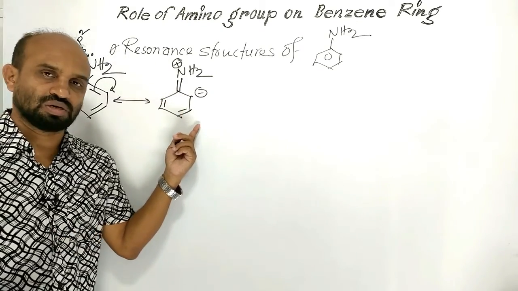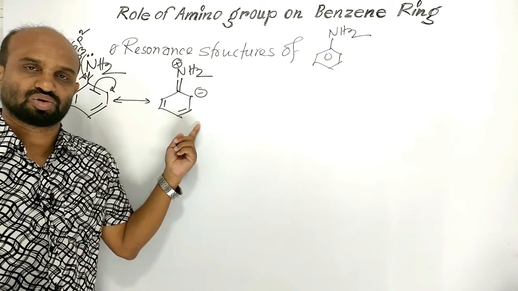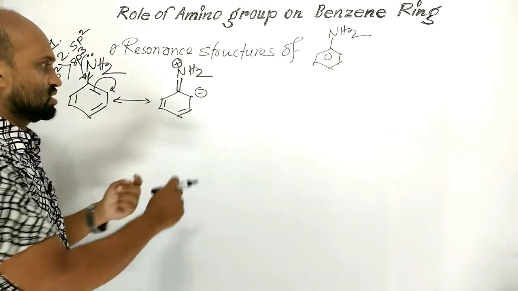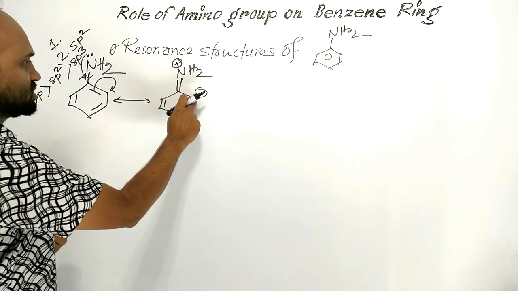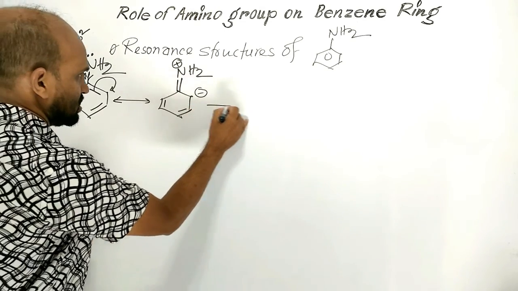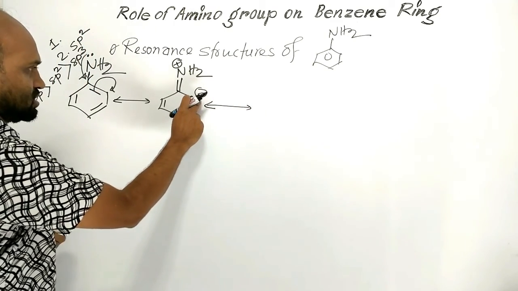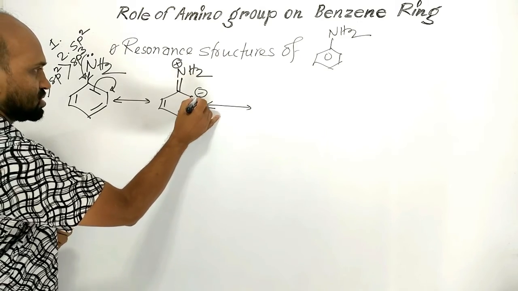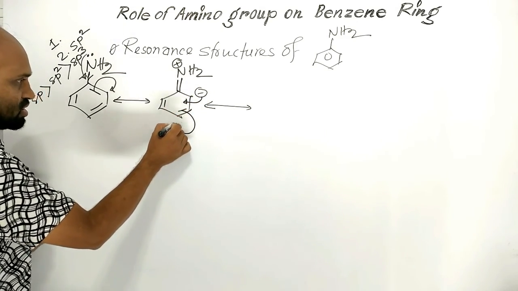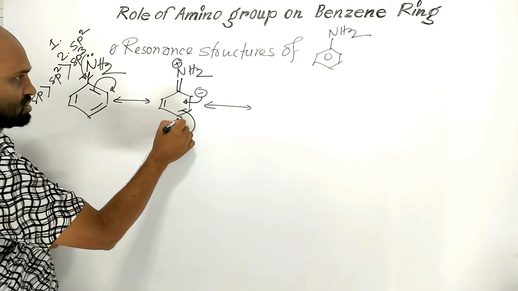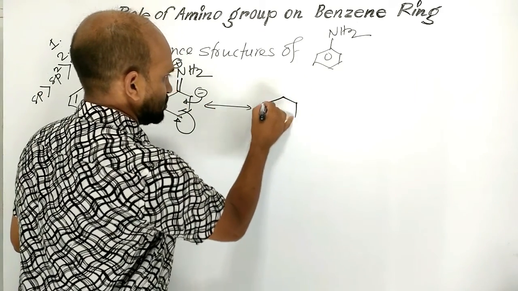That is, here the ortho carbon gets electronically rich. Ortho carbon becomes negative in charge. Again, this lone pair of electrons turns into bond pair and this bond pair of electrons turns into lone pair, and this is found.